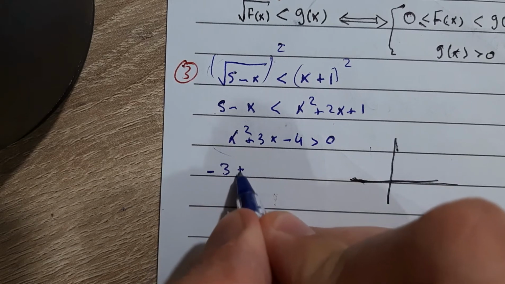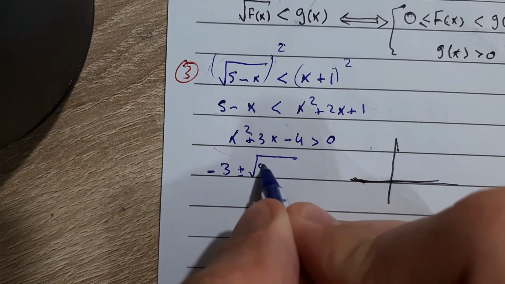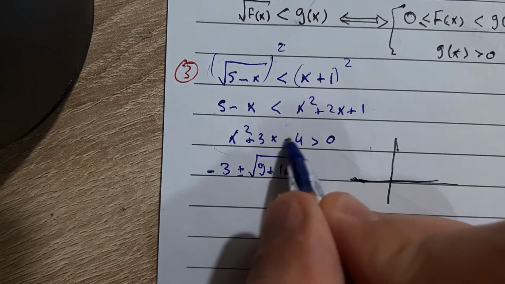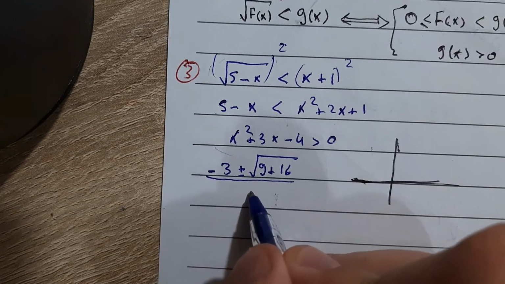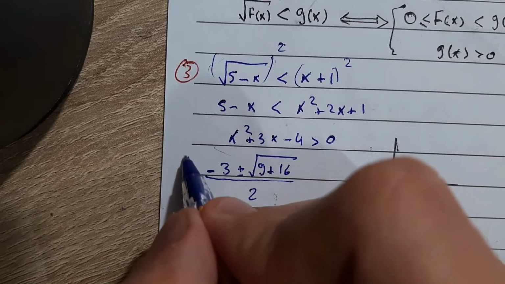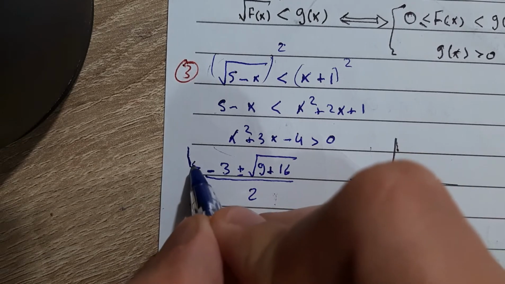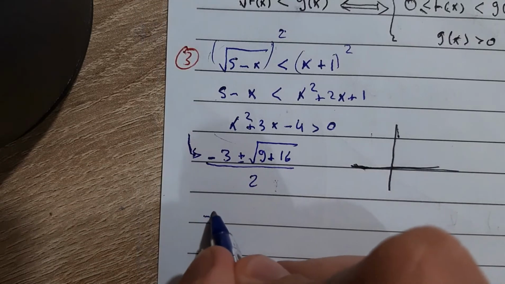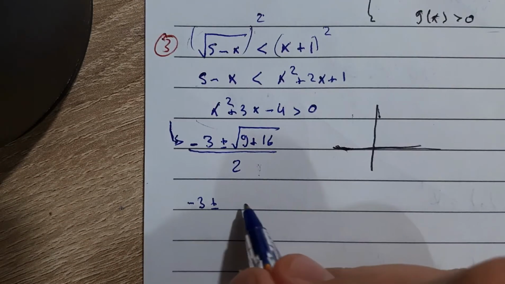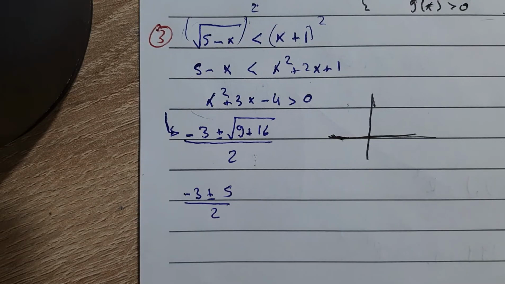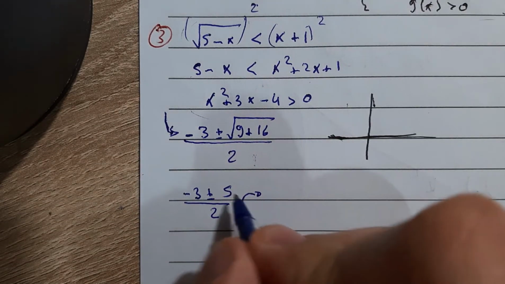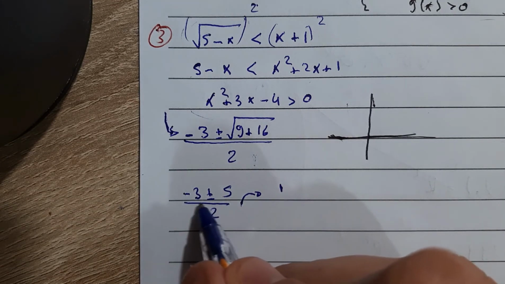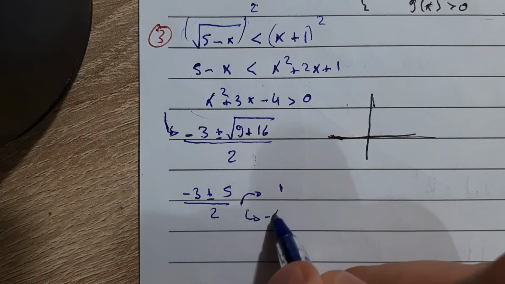Minus 3 plus or minus the square root of 3 squared, 9, minus 4 times 1 times minus 4, 16, right? Divided by 2. This is just the formula for the quadratic function. So minus 3 plus or minus the root of 25, which is 5, divided by 2. So we're going to have 5 minus 3, 2 divided by 2 is 1, or minus 4.